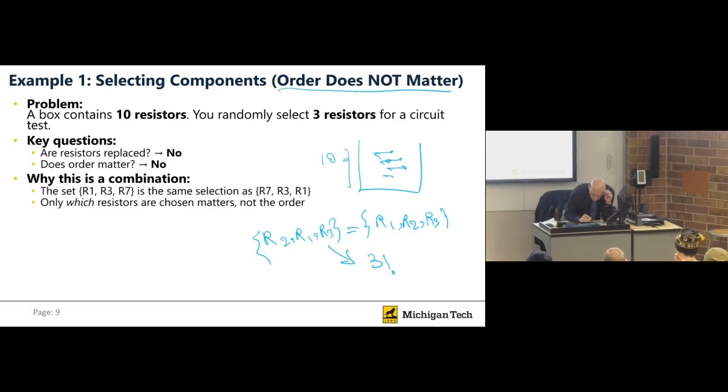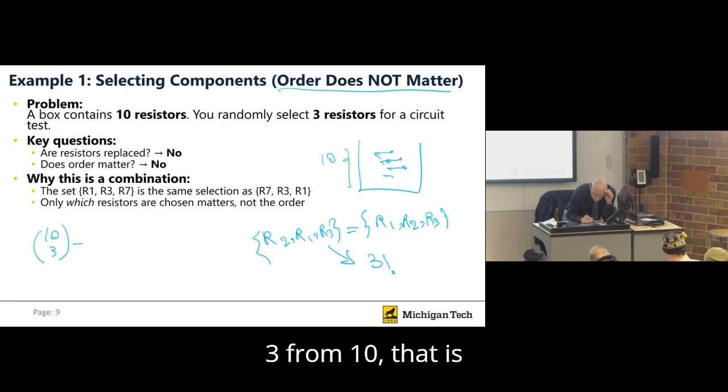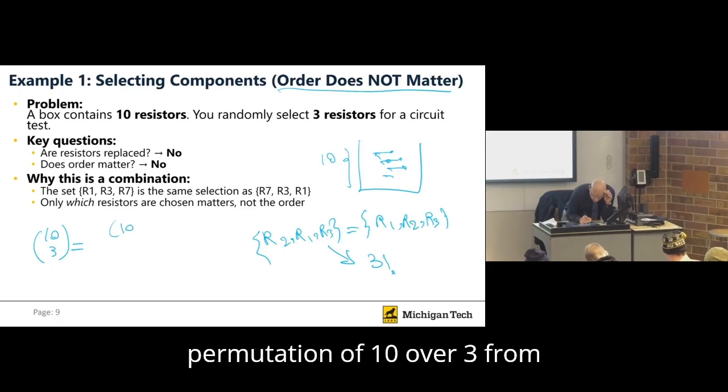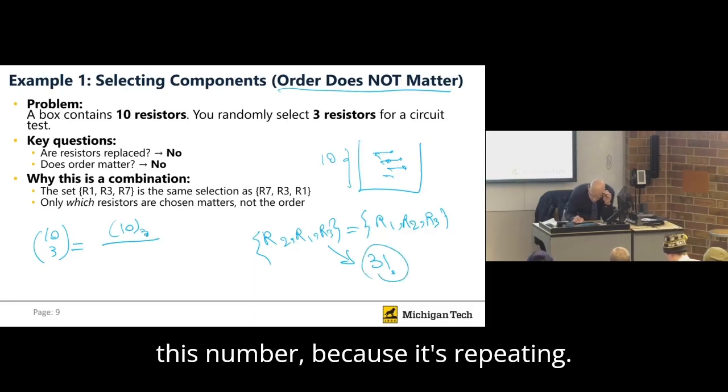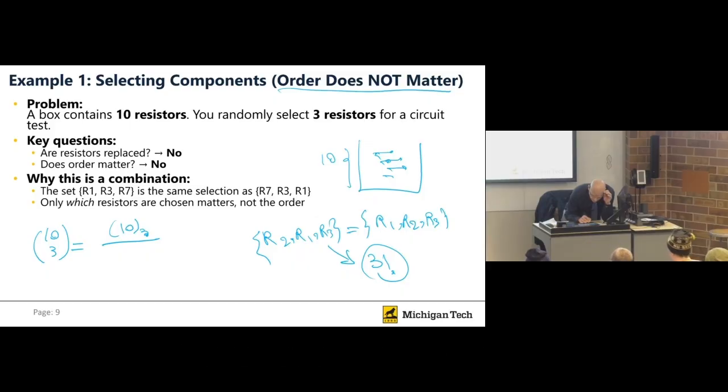So the formula is actually the combination of 10, choose 3 from 10, which is equal to the permutation of 3 from 10 over this number, because it's repeating, 3 factorial.